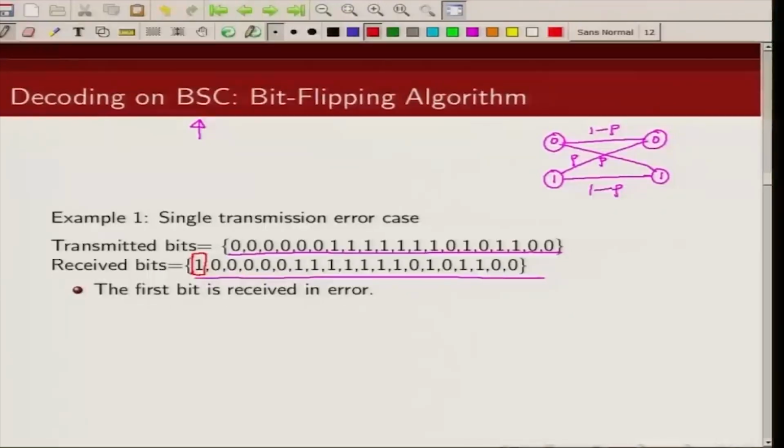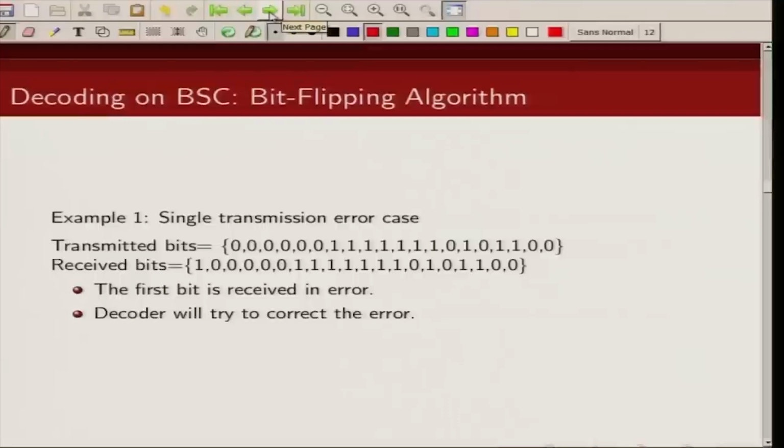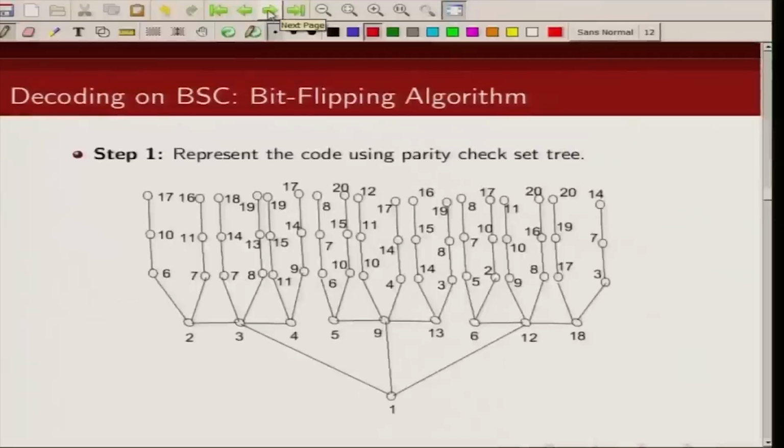Now, how do we correct this error? To decode this, we are going to construct a parity check set tree around each of these bits and use that for our decoding purpose. Let us see how we do that.